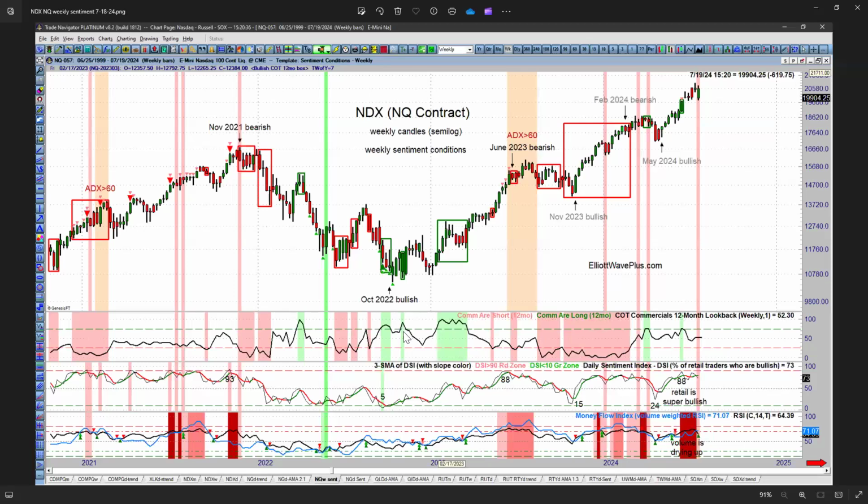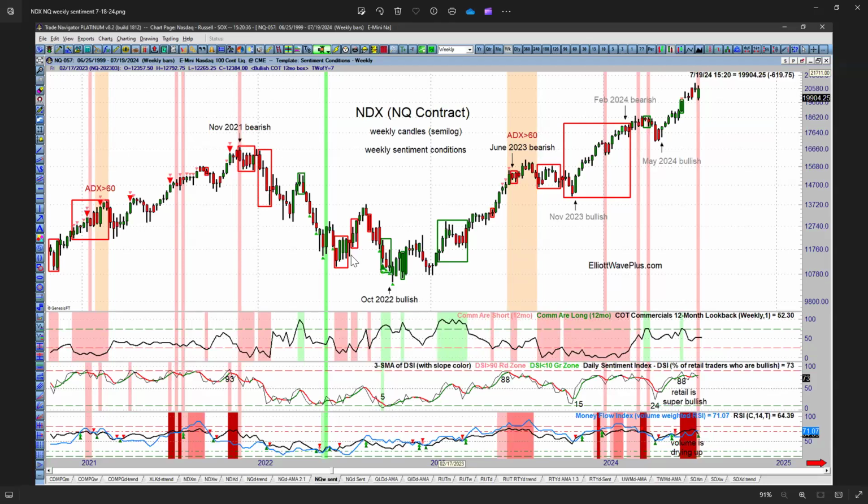And on the other side of the coin, October of 2022 was a perfect storm of bullishness. Commercials had taken off all their hedges. They were buying like crazy. Retail was down to 5%. Only 5% of retail traders were bullish. This was one of the best buying opportunities we've seen in recent years.